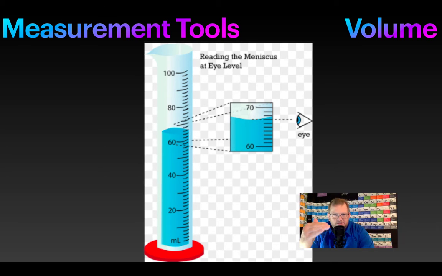So it's 61, 62, 63, 64, 65, 66. 67 is where the meniscus is. 68 is where the edge of the water is. You always read from the meniscus, from the center.